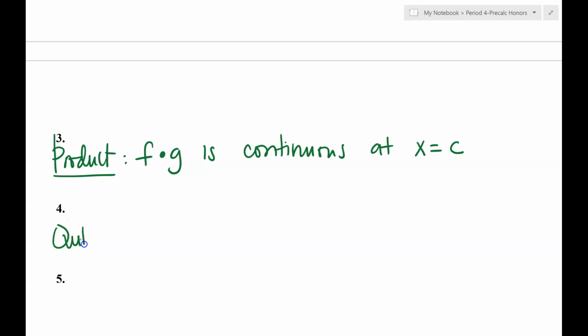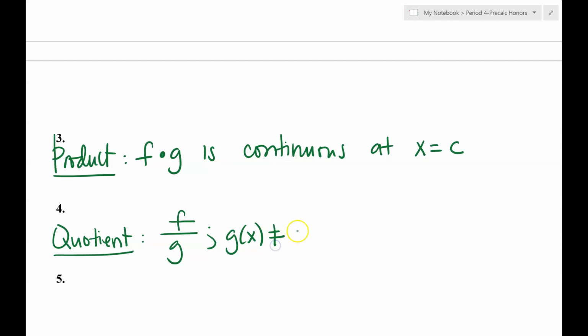Quotient is when I divide. Now, when I divide them, obviously f divided by g, given that g of x could never ever be 0. Okay, I have to state that first, otherwise it's not going to be the same. When I divide them, this should still be continuous at the same domain.